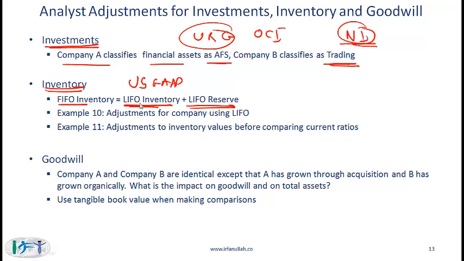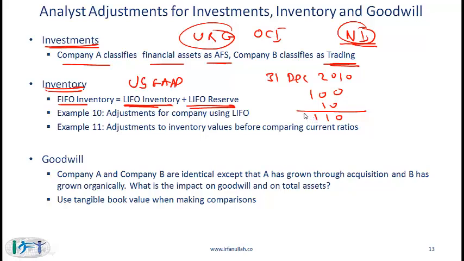If a company reports LIFO inventory on 31st December 2010 equal to 100, that's LIFO inventory. In the footnotes, the company will also disclose a LIFO reserve. Let's say the LIFO reserve is 10. What that means is, if the company had reported using FIFO, then the inventory would have been 110.